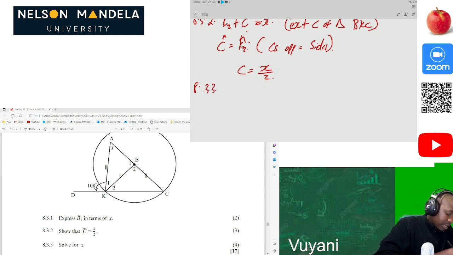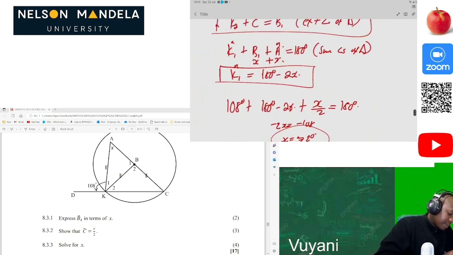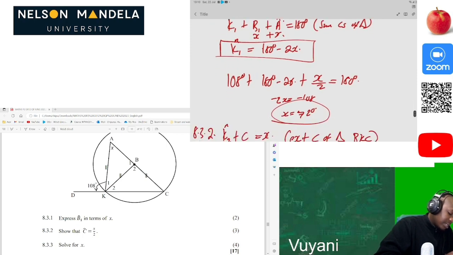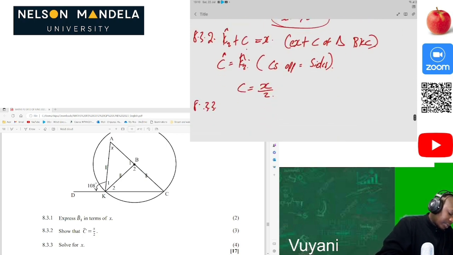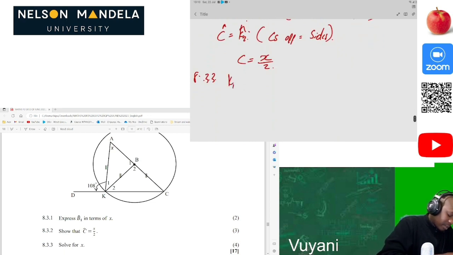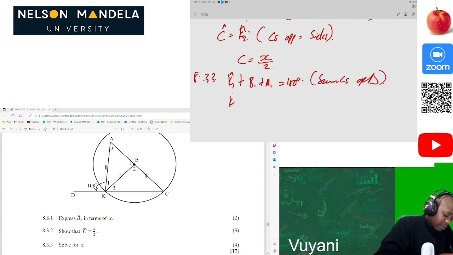8.3.3. Now that's when we say that K1 is equal to 180 degrees minus this. So we say that K1 plus B1 plus angle A is equal to 180 degrees. What's the reason? Sum of angles of a triangle. Then K1 will be equal to 180 degrees minus 2x, since this was x and this is also x.